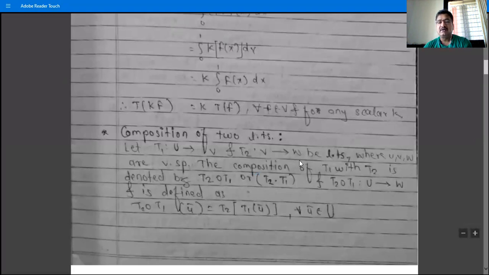So the composition of T1 with T2 is a function. This T2 circle T1 is a function from U to W. That is, T1 is a function from U to V and T2 from V to W, and then T2 circle T1 is the function from U to W. It is defined as T2 circle T1 of u bar equal to T2 of T1 of u bar.